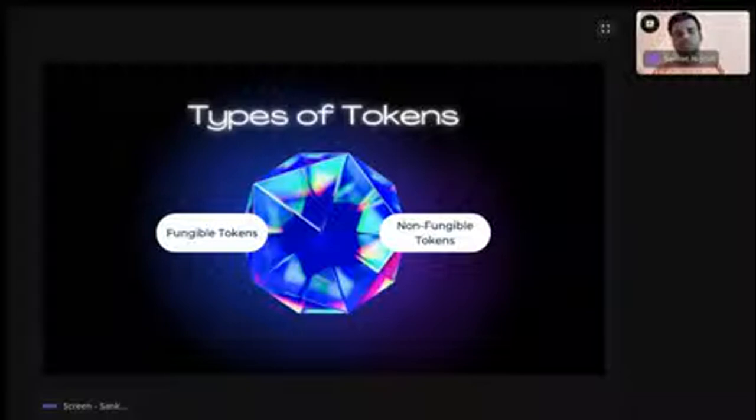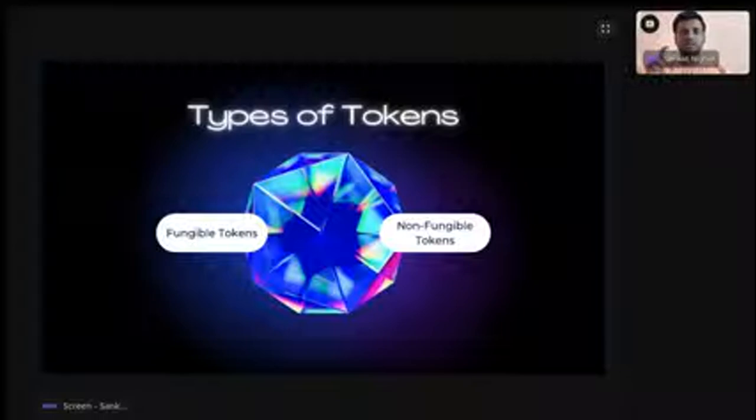If you go to any shop and give any 1 rupee coin, you will get a product worth 1 rupee, and it will never matter which 1 rupee coin it is, because both coins have equal value. These are called fungible tokens. They can be duplicated, each has the same value, and they don't have any unique value. The tokens which have unique value are what come as non-fungible tokens.